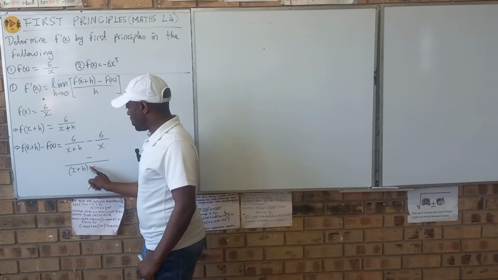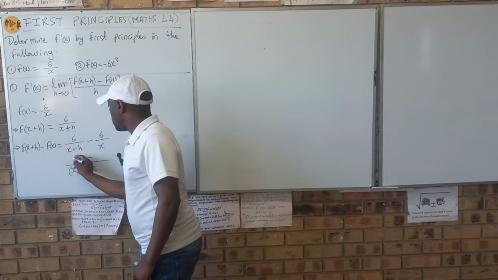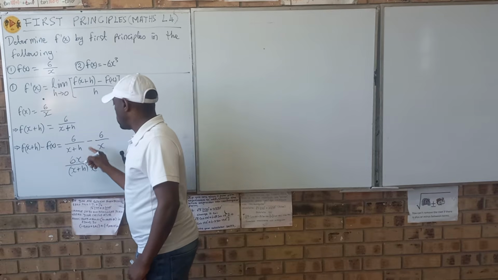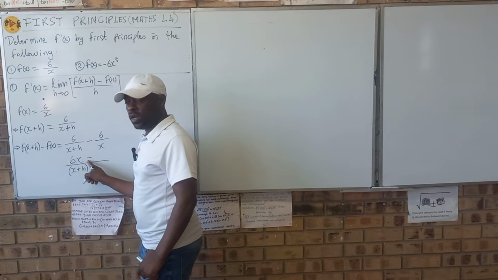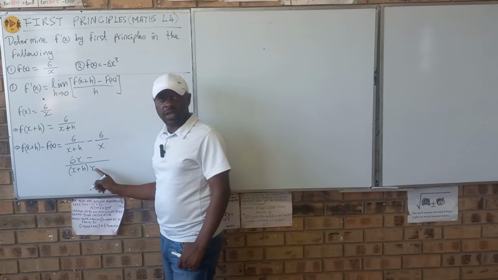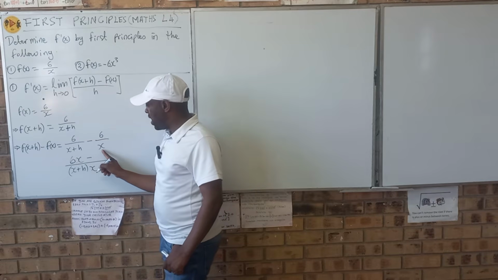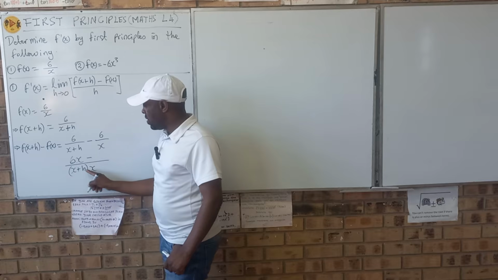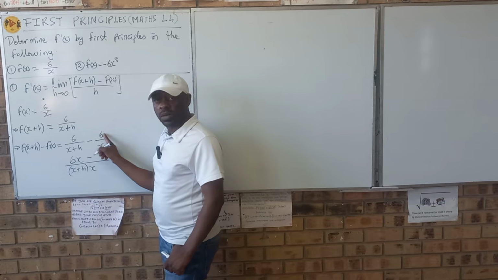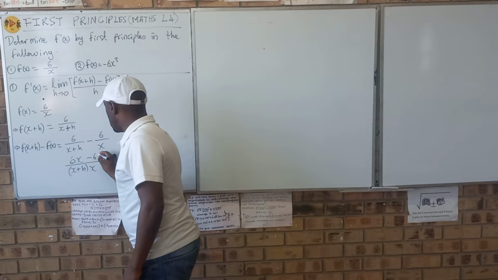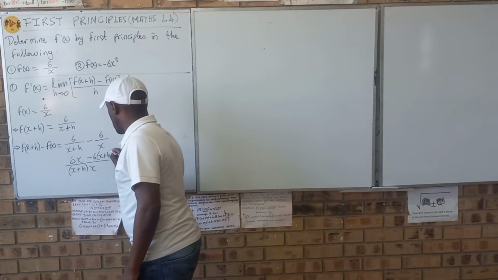I'm only left with x that multiplies 6 to give me 6x. So you see I've drawn my subtraction sign already. Then I take my LCD again, I divide by x. So the LCD contains the x, which will cancel itself. Then I'm left with x plus h times 6, which gives me 6 into x plus h.